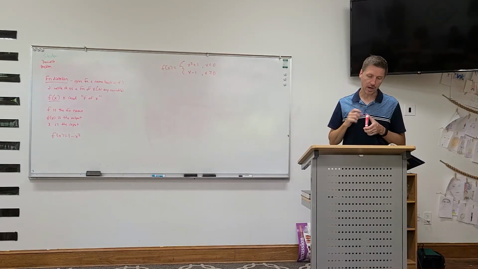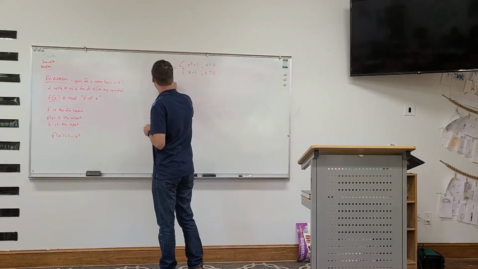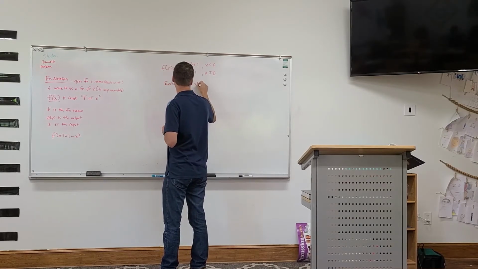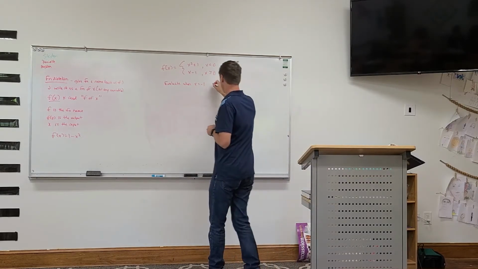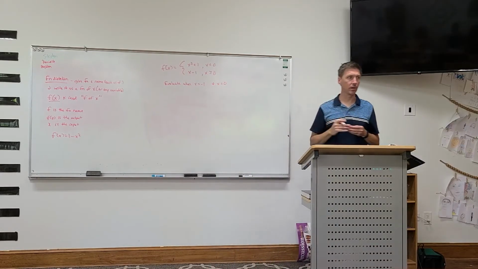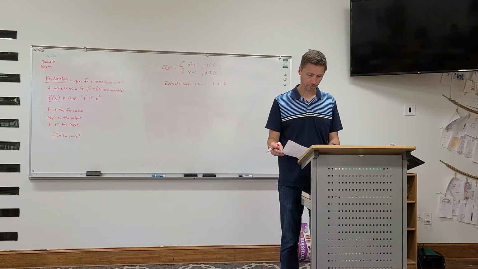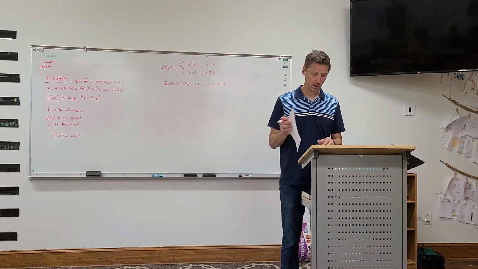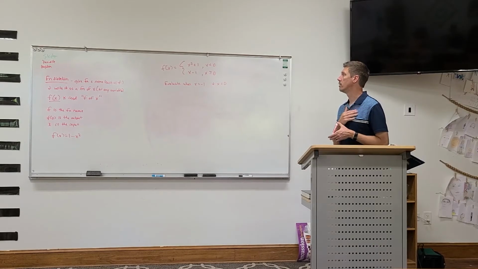And so they tell us to evaluate this function when x equals -1 and when x equals 0. I'll give you a second to catch up. When I'm evaluating x equals -1, which function am I going to have to use?